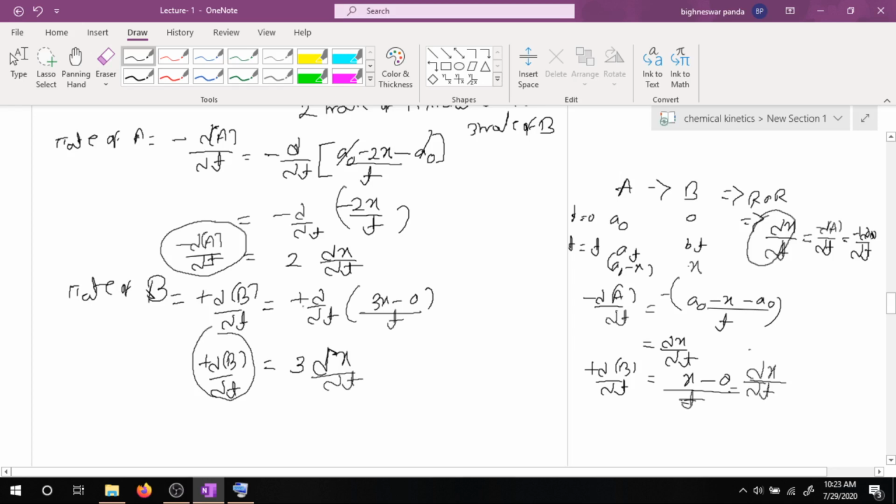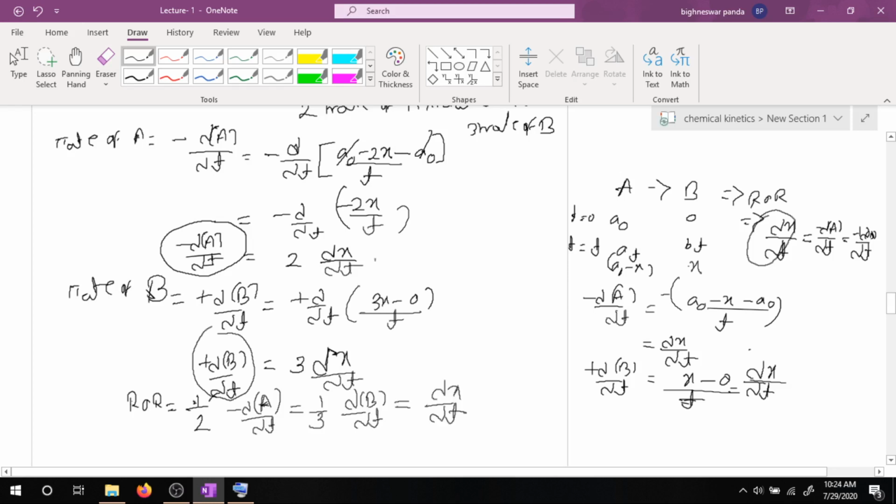So in order to make the rate of reaction equal, I can write here rate of reaction is equal to 1 by 2 of minus dA by dt, equal to 1 by 3 of dB by dt, and that will be equal to dx by dt.